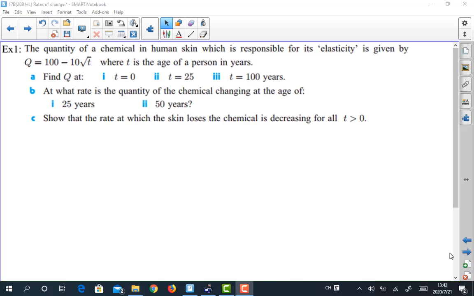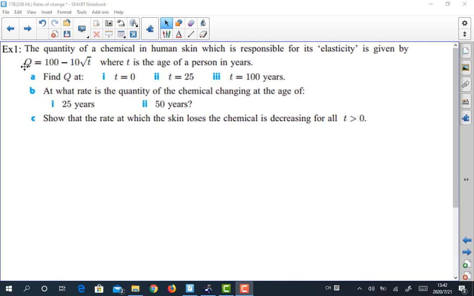Let's look at the first application of the first derivative and or the second derivative in the area of biochemistry. Example 1. The quantity of a chemical in human skin which is responsible for its elasticity is given by this function.